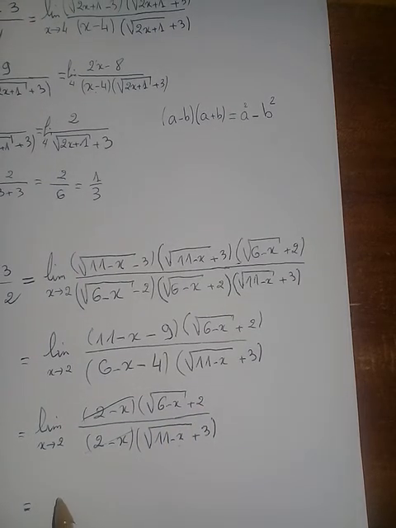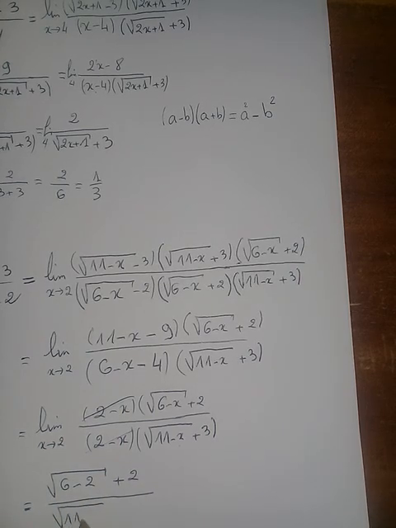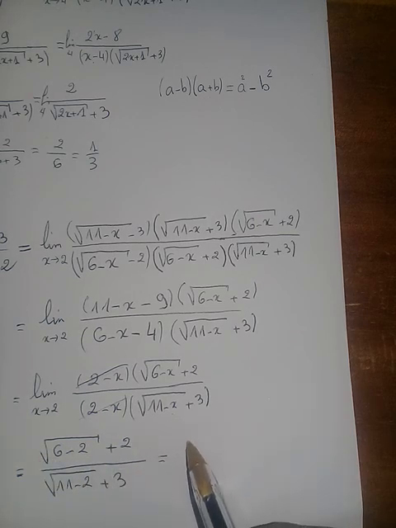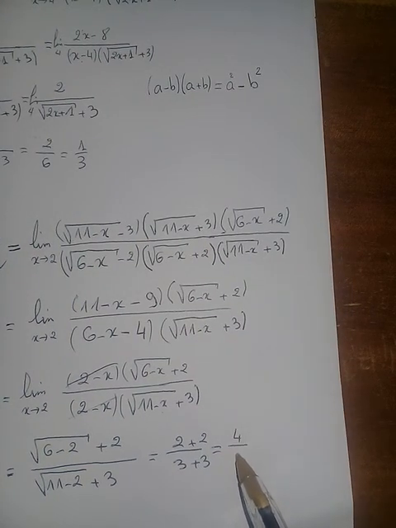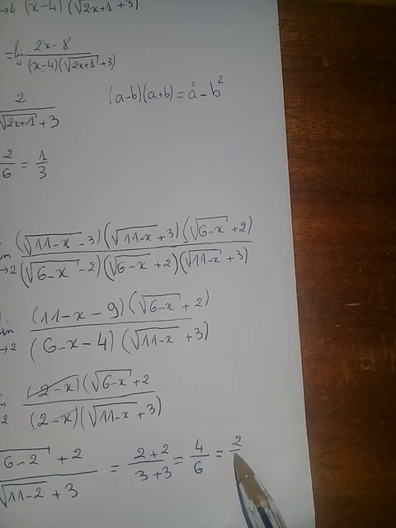So it's square root of 6 minus 2, plus 2, over square root of 11 minus 2, plus 3. And it is 4, the square root of 4 is 2, plus 2. Here's 9, square root is 3, plus 3, which is 4 over 6, or 2/3.